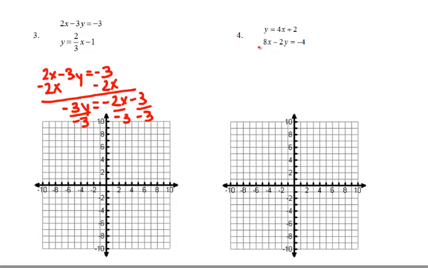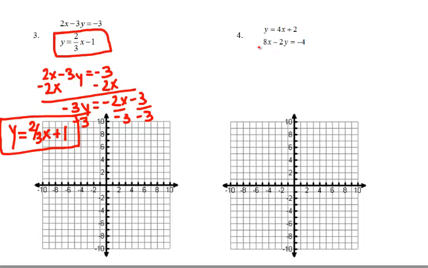And so for my one equation, I have y equals 2/3 x plus 1. For my other equation, I have y equals 2/3 x minus 1, and I don't need to solve that because it's already solved for y.